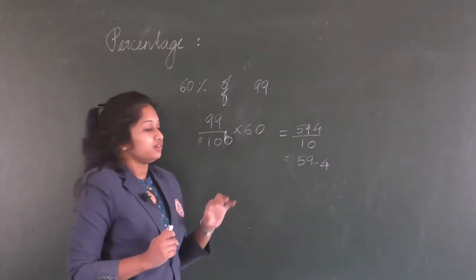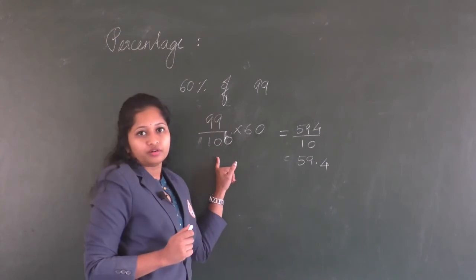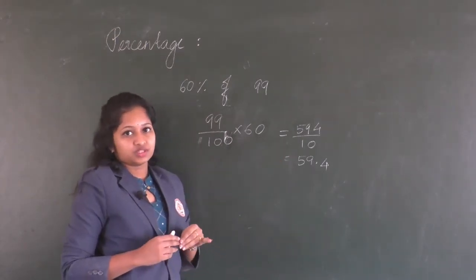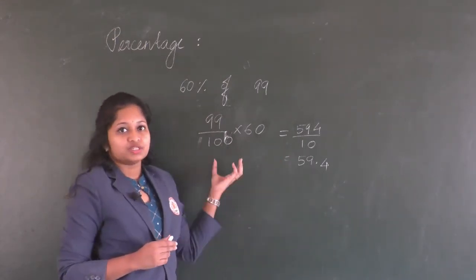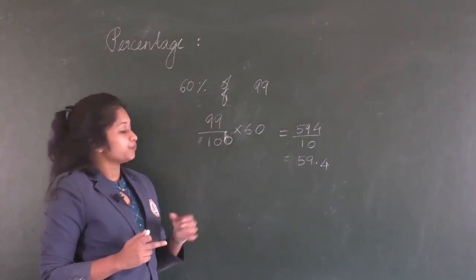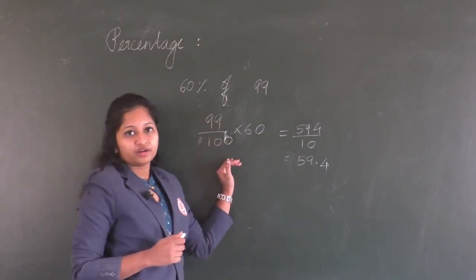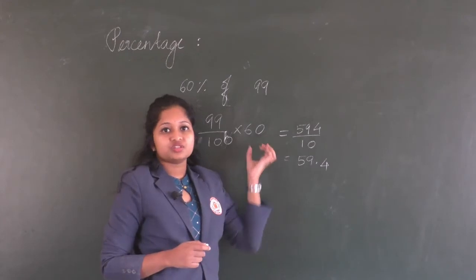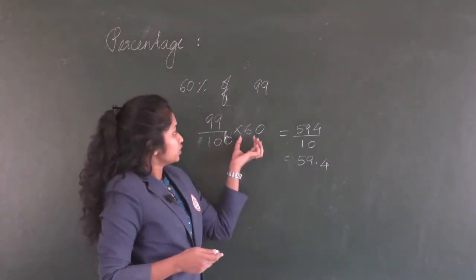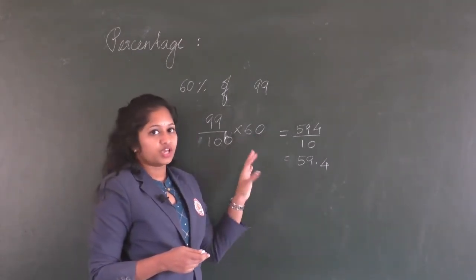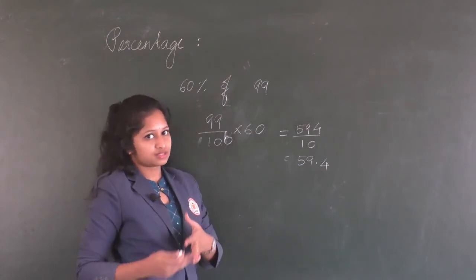We should write like 99 by 100 into 60. So the total percentage is 100, isn't it? So 99 by 100, and what percentage is required? So that is 60. So we have to multiply that by 60.